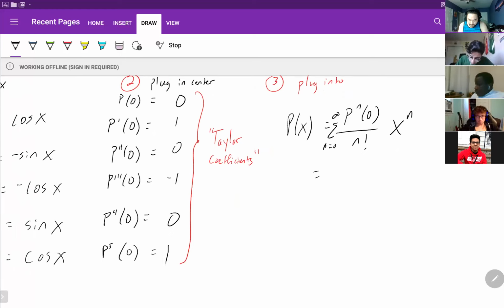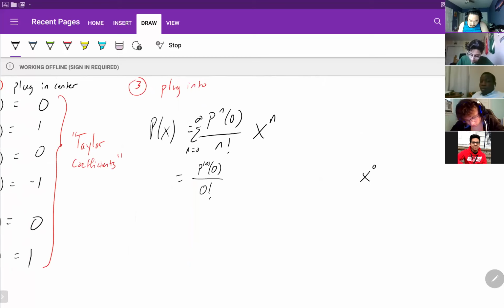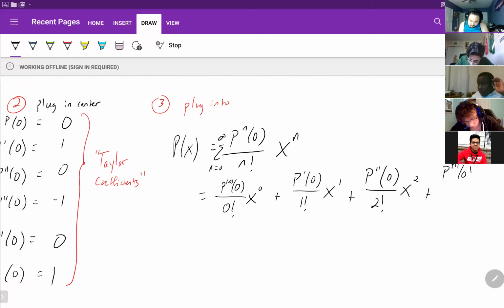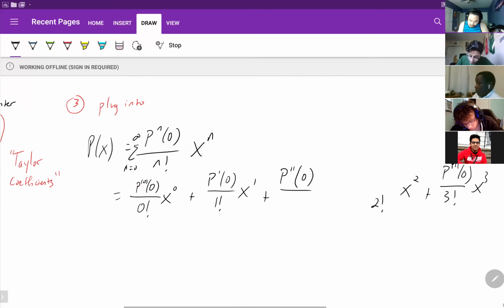So if I write out the first couple of terms, the 0th derivative, which means don't derive, plug in 0 over 0 factorial x to the 0, plus the first derivative, plug in 0, over 1 factorial x to the 1, plus the second derivative, 0, over 2 factorial x squared, plus third derivative over 3 factorial x cubed. I'll do one more.